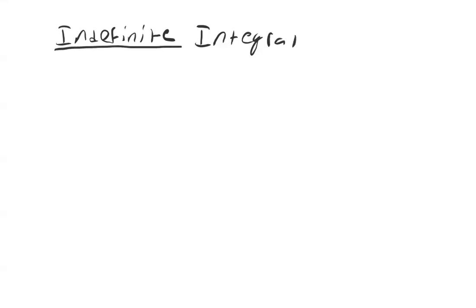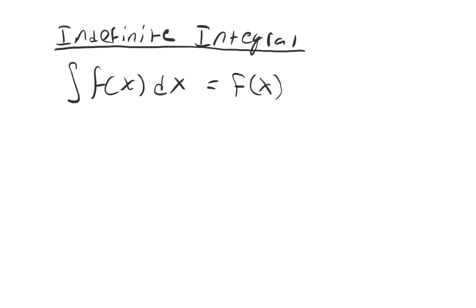If you look back at the previous integral, we had that squiggly sign with a to b there. For the indefinite integral, I'm not going to specify an a and b. I'm just going to write integral f of x dx. And that's going to be equal to some capital F of x, where f of x is equal to capital F prime of x.